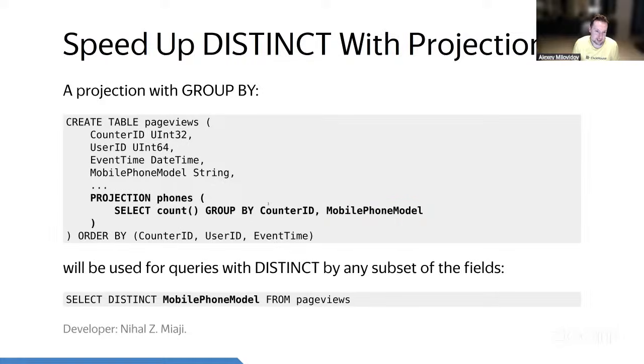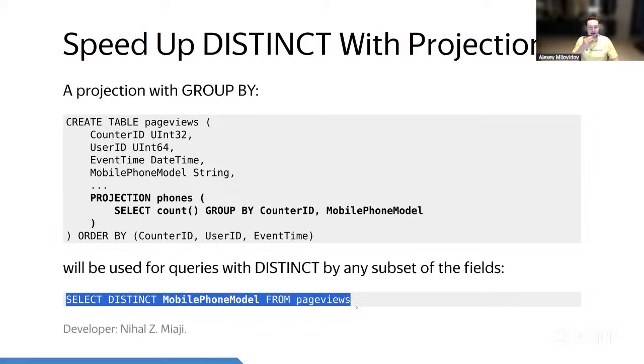And this projection typically speeds up group by queries, but now it will also speed up distinct queries. And it is kind of obvious. You might be wondering why we did not have this feature yet, but today we have it, so no concerns.